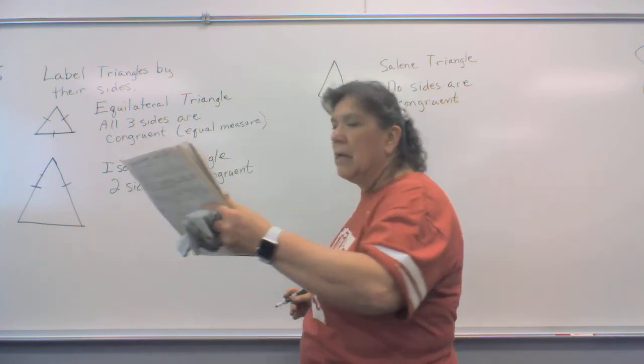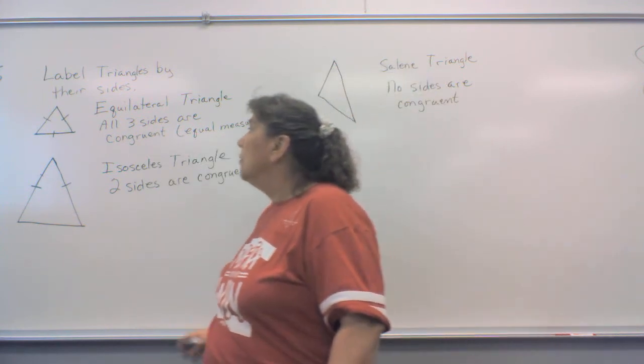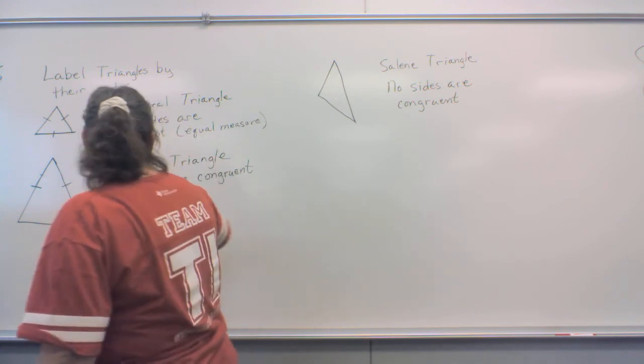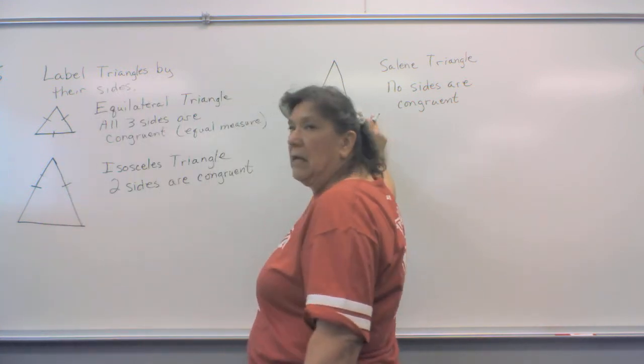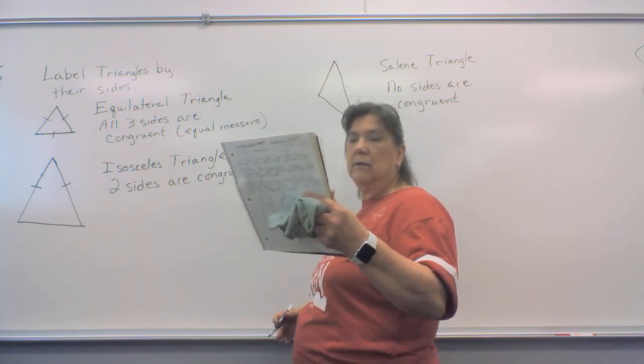So when we label triangles by side, we have equilateral, isosceles, and scalene.